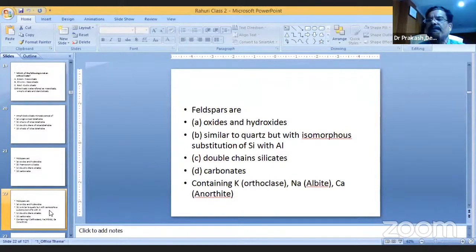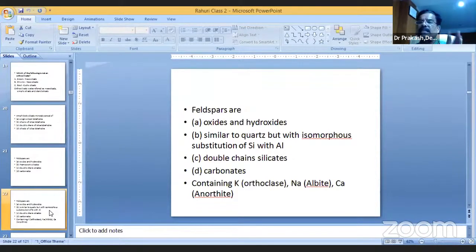Quartz also is a framework silicate or tectosilicate, wherein out of 4 units of silica tetrahedra, in one of the units, silica is replaced by aluminum. As a result, one negative charge will be created. That negative charge is neutralized by potassium.